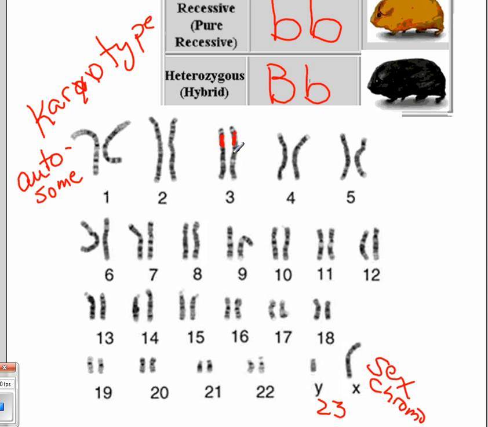Now, the majority of the time in humans, we don't have just one chromosome that codes for these traits. Normally they span across more than one chromosome. But at this level, we're only going to talk about them being on one chromosome or another because it starts getting really, really complicated, but very, very interesting.